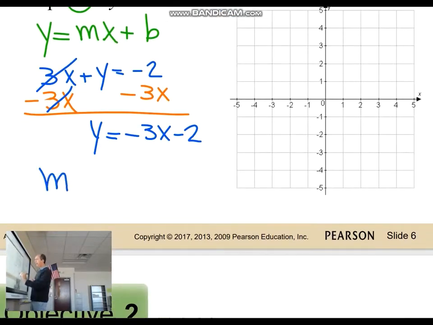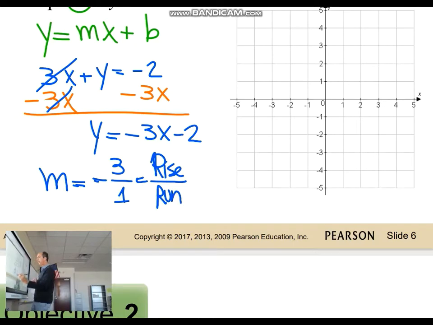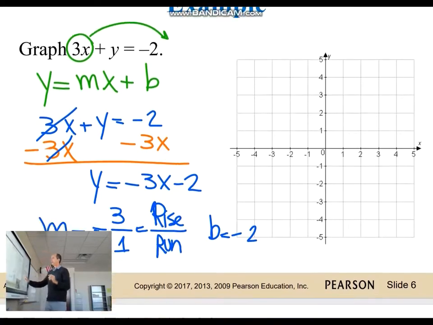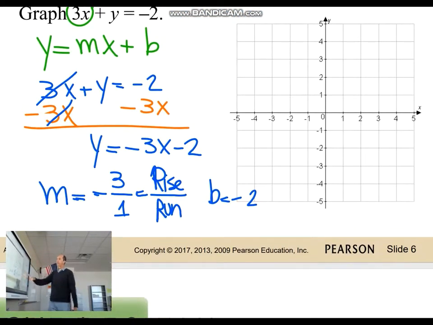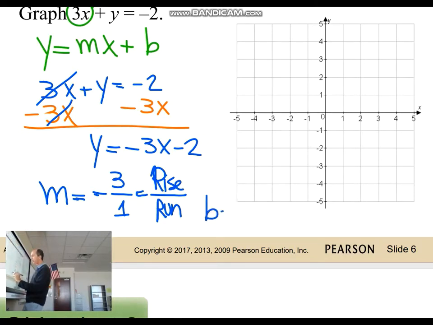Now we can find the slope is negative 3. Let's write down here negative 3 over 1 because it's rise over run. And the y-intercept is negative 2. With this information, we can go to the rectangular coordinate system and find the y-intercept, that means the point where y equals negative 2 on the y-axis.